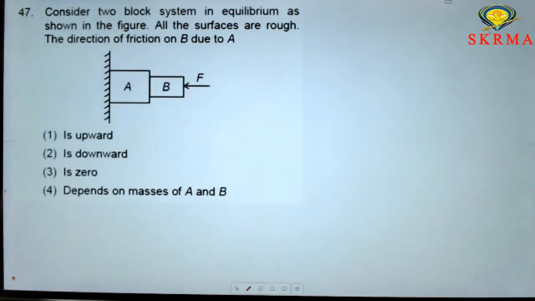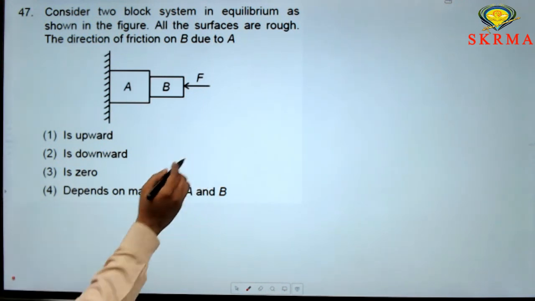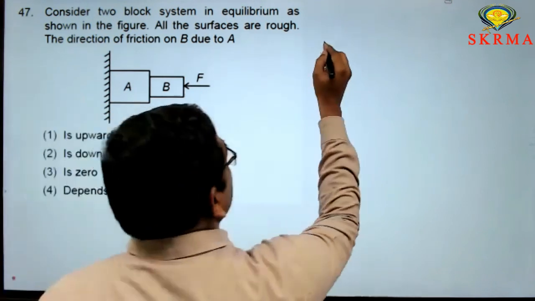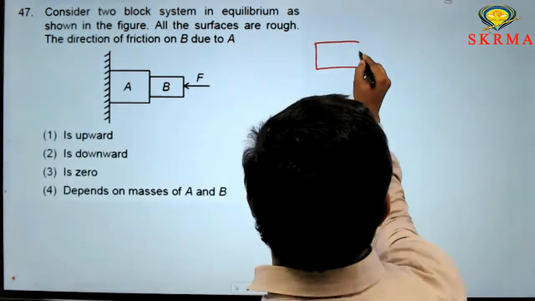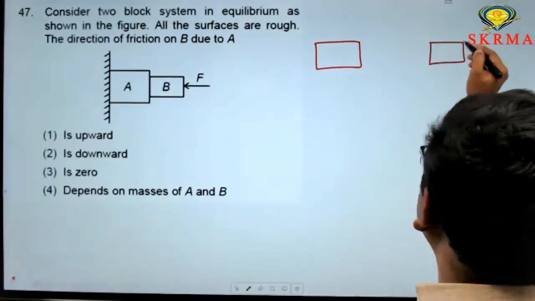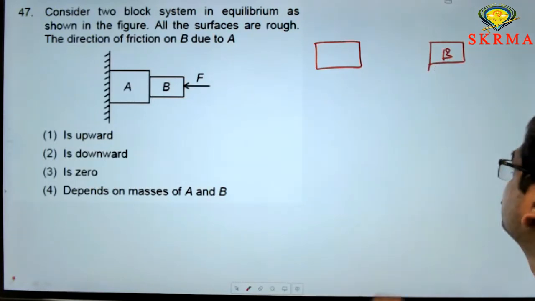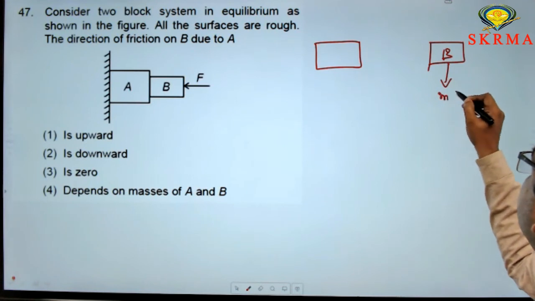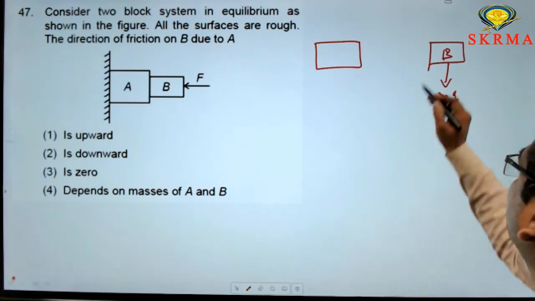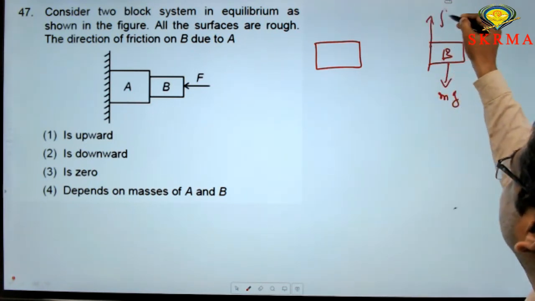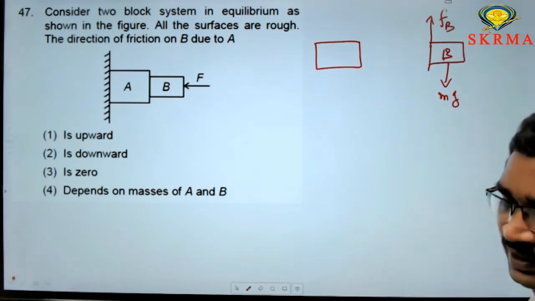Next, consider a two-block system in equilibrium as shown in the figure. Draw the free body diagram for A and B, then you will get the answer. For B, the weight mg acts downwards. To balance this, the frictional force needs to act upward.